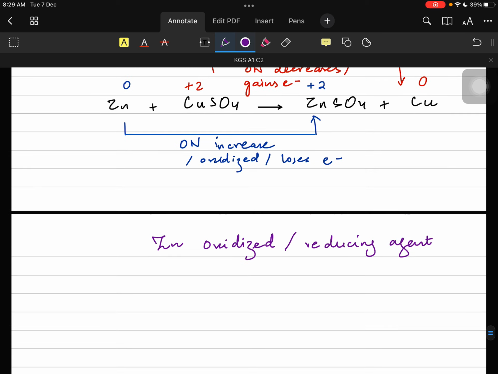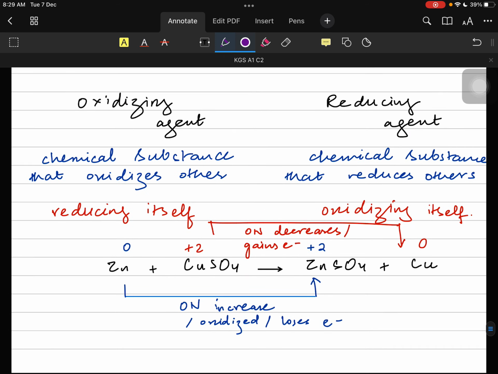And since the copper species, or you can say the copper ions, were reduced, it is the oxidizing agent, because it is due to them that the zinc is oxidized. So let's make it simple. If something is oxidized, it is the reducing agent. And if something is reduced, it's the oxidizing agent. Oxidizing agent oxidizes others but reduces itself. Reducing agent reduces others and oxidizes itself.